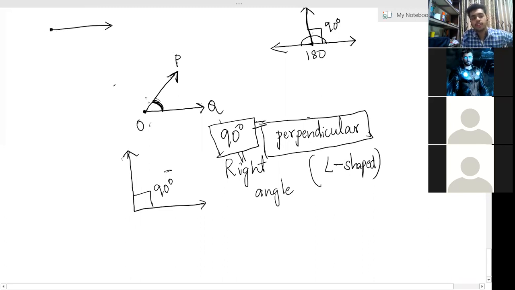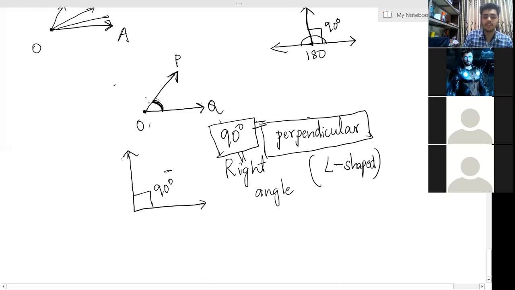So first this is at 0 degrees. Look at this ray. This is OA. This ray is at 0 degrees. Slowly, if I rotate it, I'll get, for example, 1 degree. Then if I rotate it again, I'll get, let's say, 5 degrees, then 10 degrees. Similarly, I can keep rotating it till I get 90 degrees. That is a right angle.